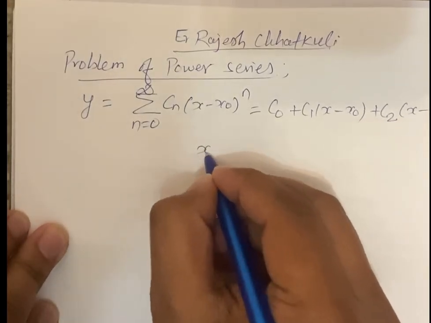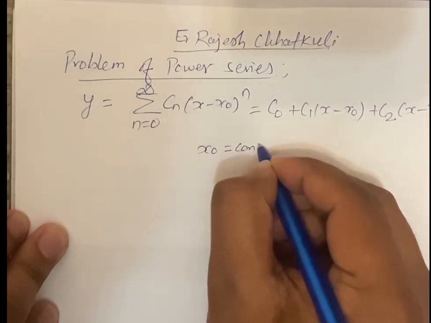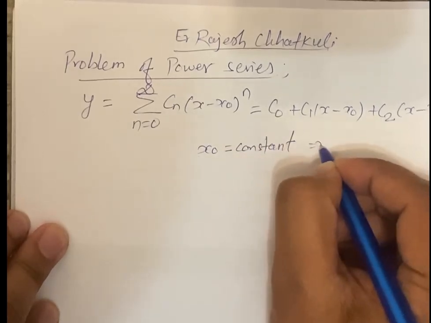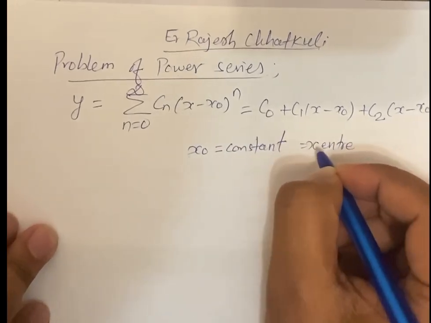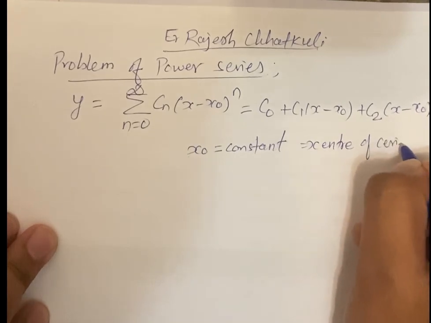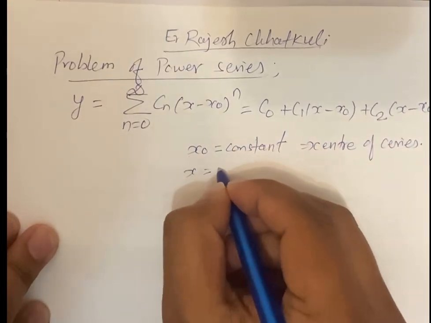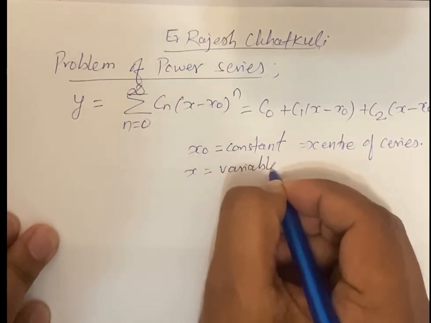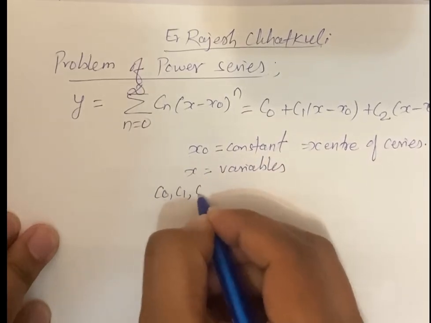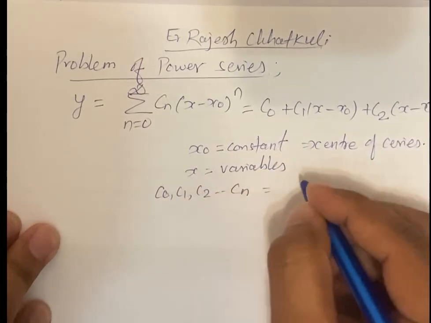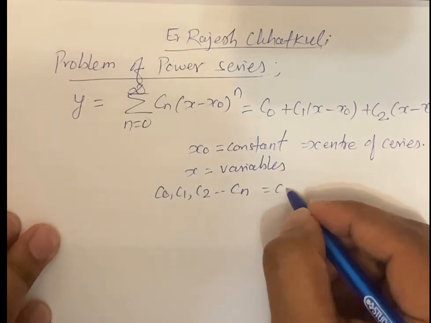Here x0 is a constant term, which is also known as the center of the series. Then x is the variable, and C0, C1, C2, up to Cn are constant coefficients.